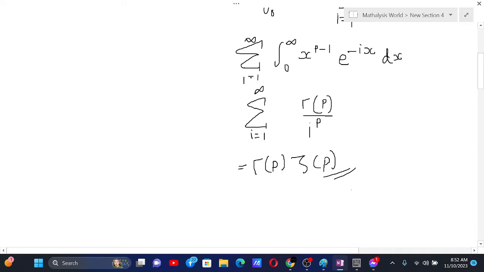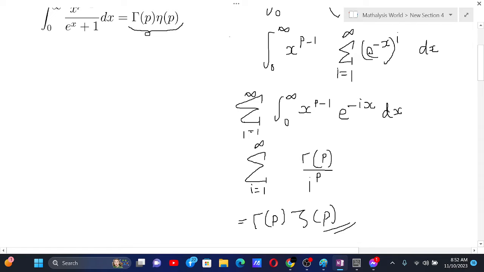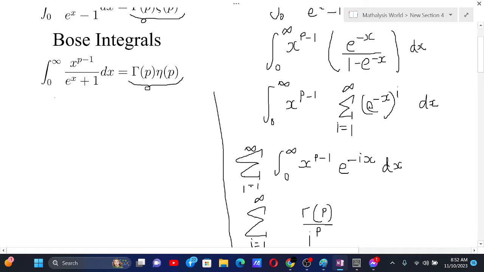We have basically solved the first integral, and the next one is similar but not exactly the same. We have the integral from 0 to infinity of x to the power p minus 1. We will first make the same manipulation, e to the power minus x by 1 plus e to the power minus x, dx.